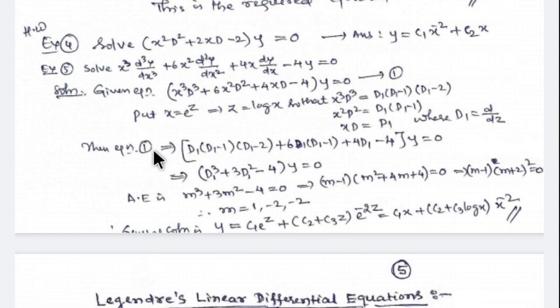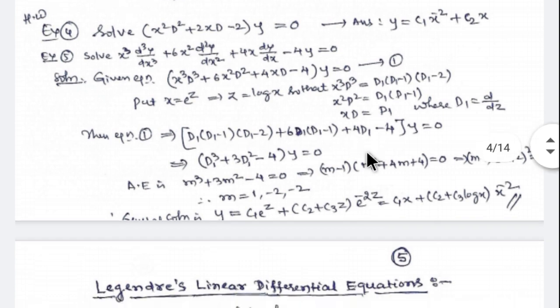With this transformation, equation 1 becomes: D1 into D1 minus 1 into D1 minus 2, plus 6 as it is into D1 into D1 minus 1, plus 4 as it is into D1, minus 4, into y equal to 0.